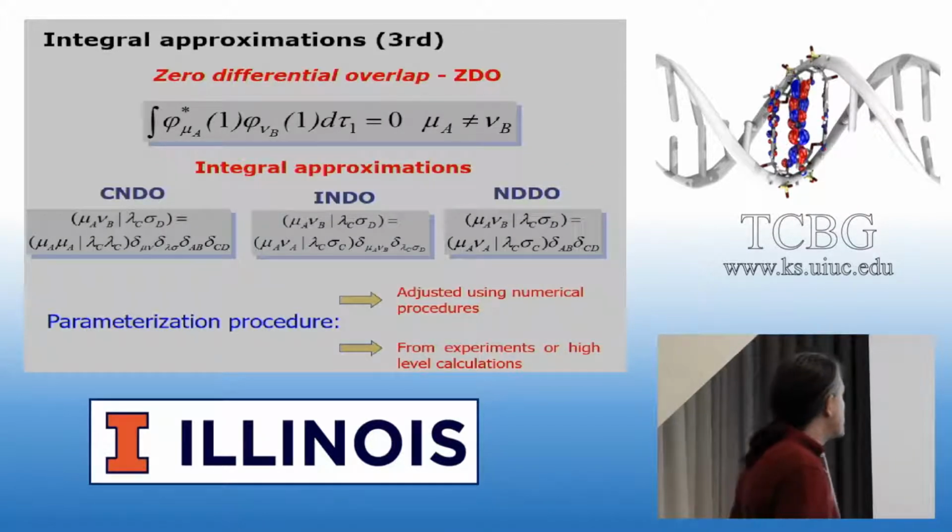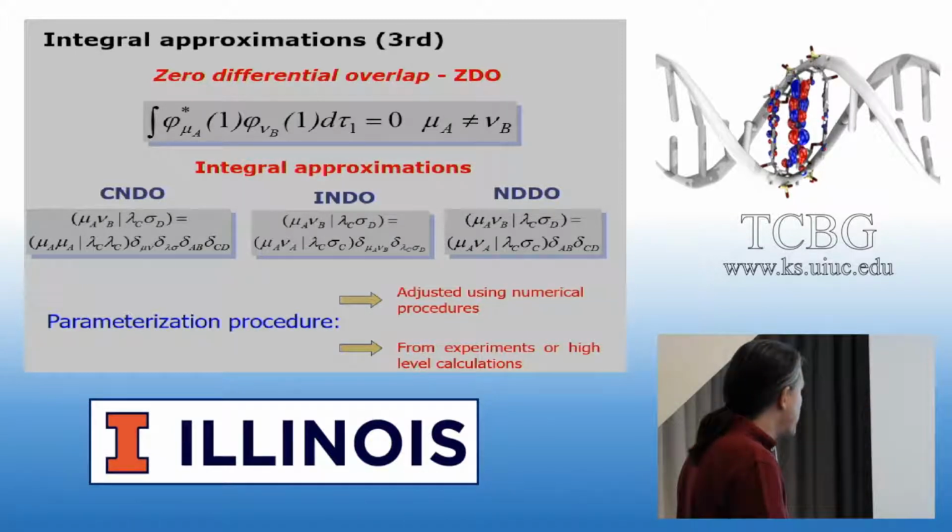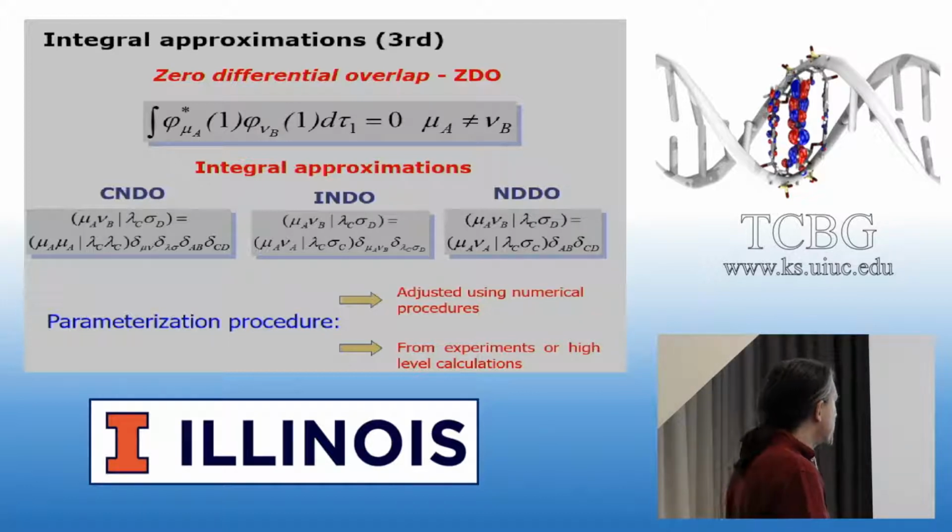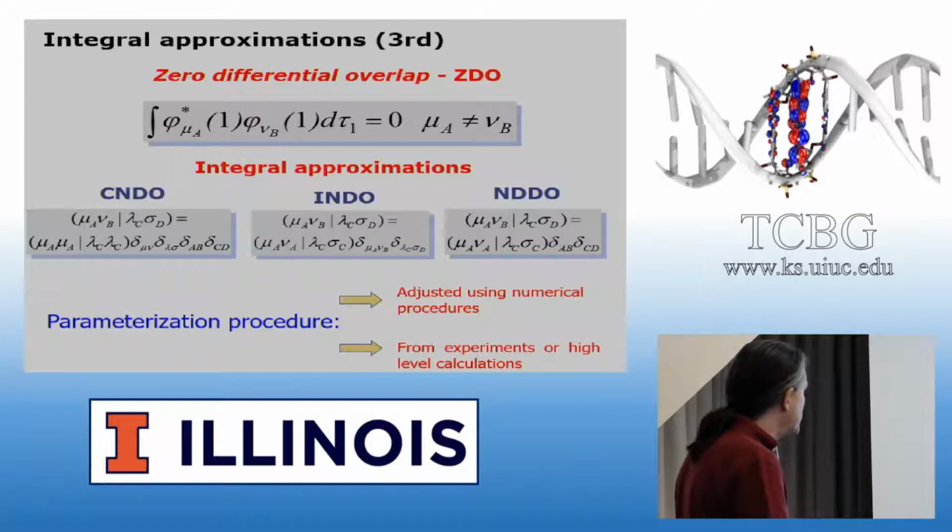The third approximation is the integral approximation, and you have three levels of approximations. It is a consequence of ZDO, and you have the simplest one. The simplest integral approximation is CNDO.